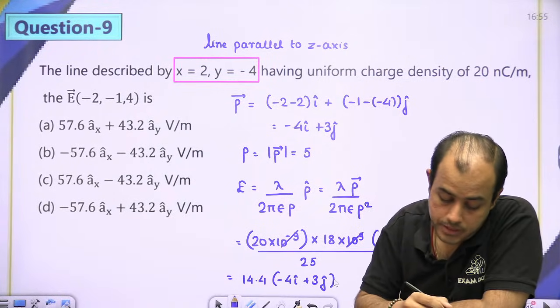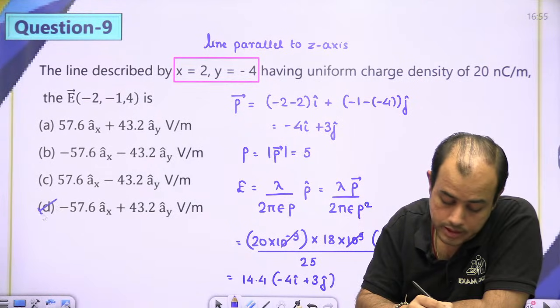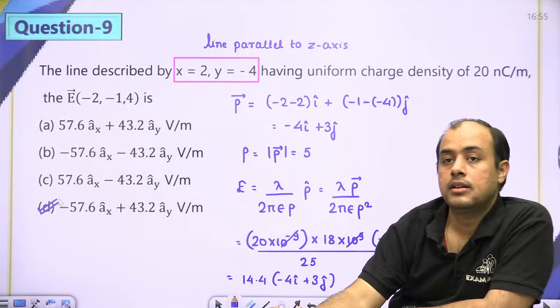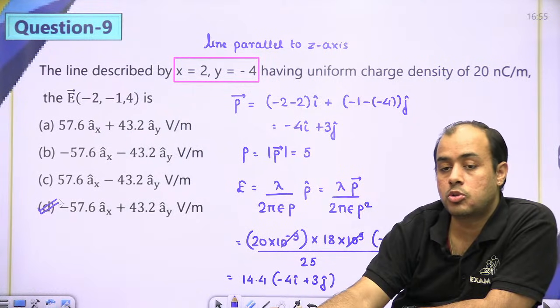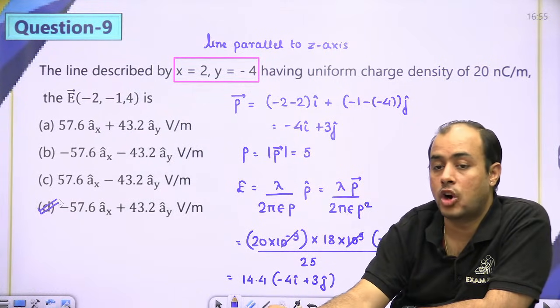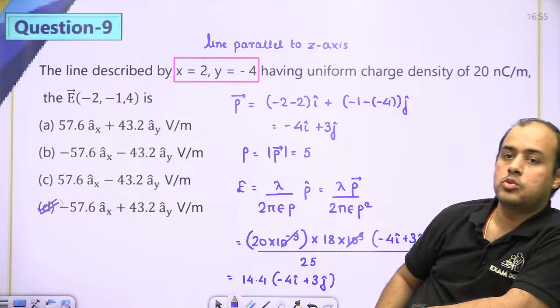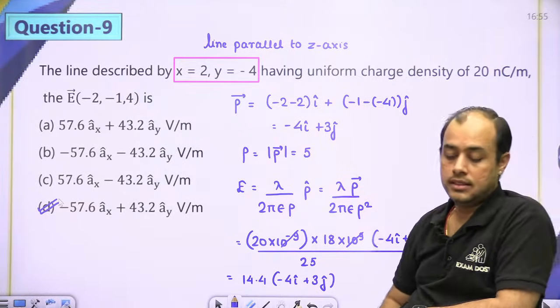Minus 57.6 plus 43.2. Okay, understood now, beta, how to take the perpendicular distance from the line charge. Now is it clear how it is found?